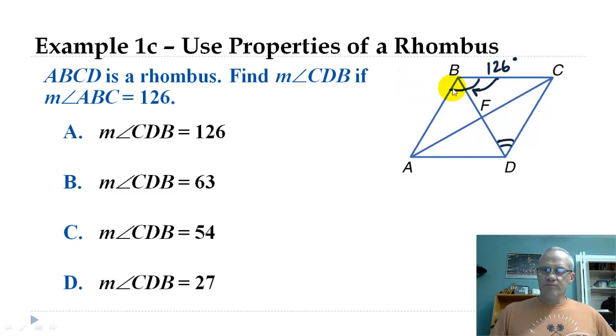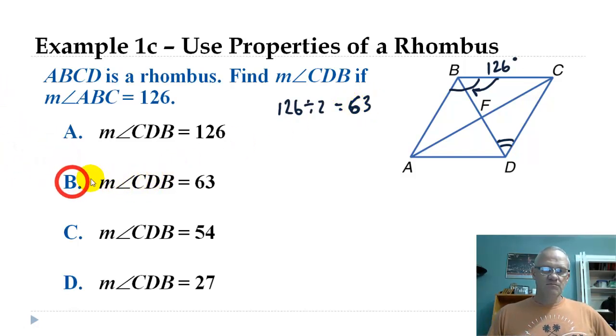Well, remember, if this whole thing is 126, this also has to be 126, and this diagonal will bisect each of those angles. So all we have to do is 126 divided by 2, which would equal 63. And that looks like that would be letter B, and it is.